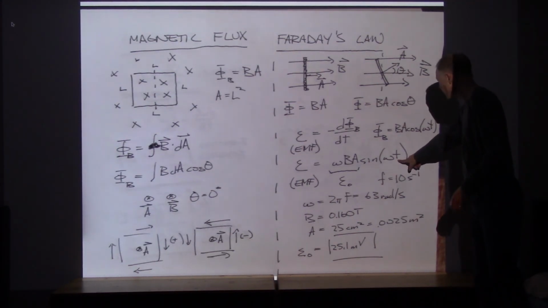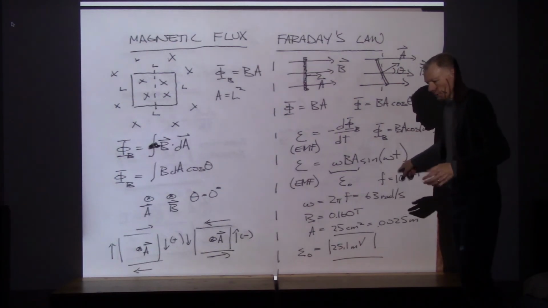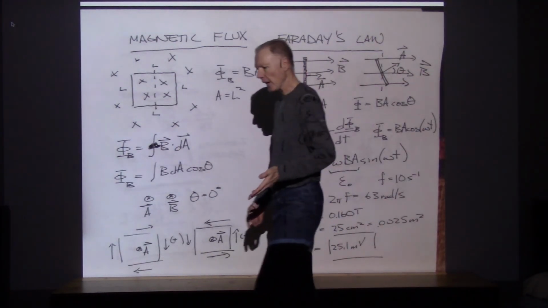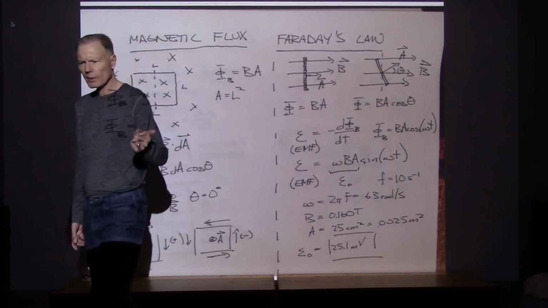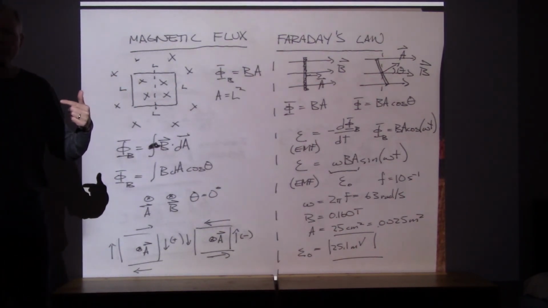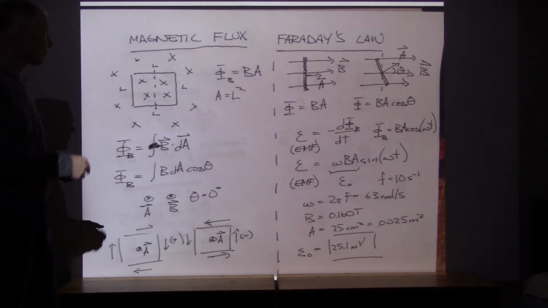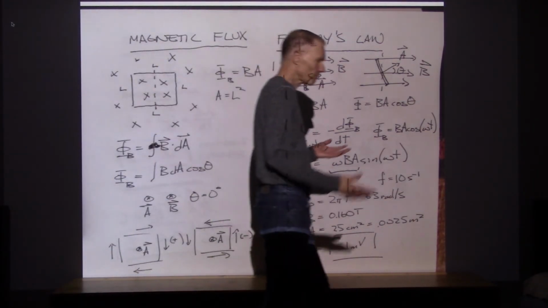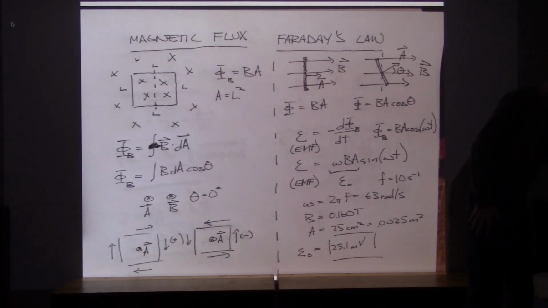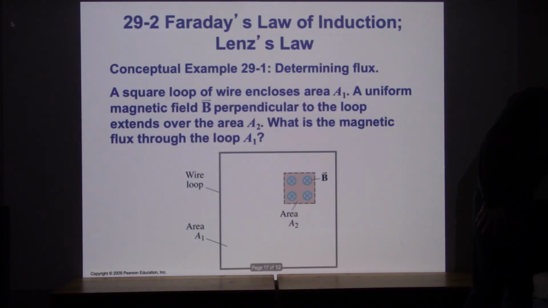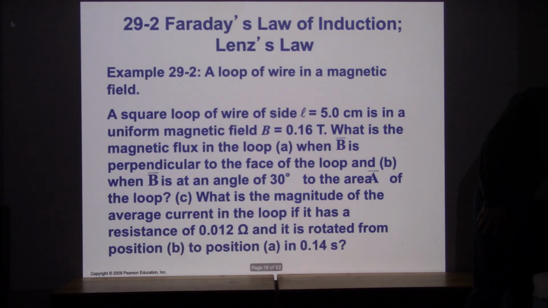And then the EMF output is going to have a sine function attached. So it's like we saw with the earlier method, before we were using Faraday's law. In this situation, Faraday's law is going to give us essentially the same sort of result, and here it is.